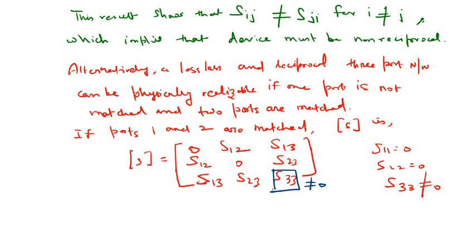That's why we are not considering S33 equal to 0. This is the condition for the scattering matrix when you have only two ports matched and the third port is not matched.